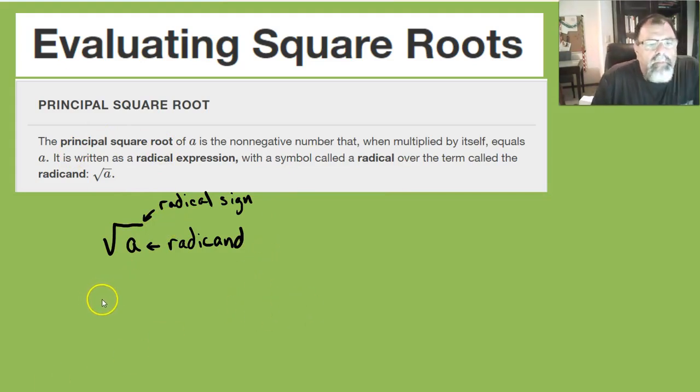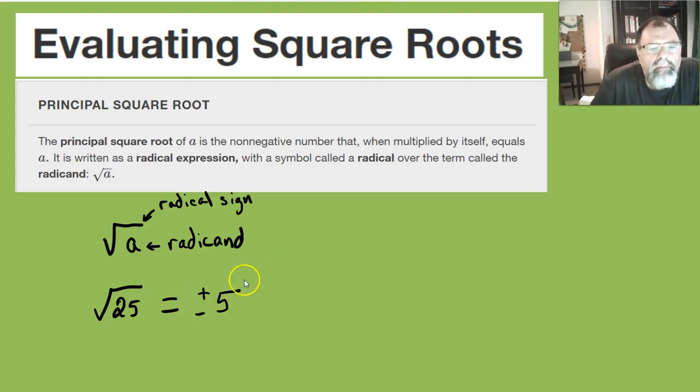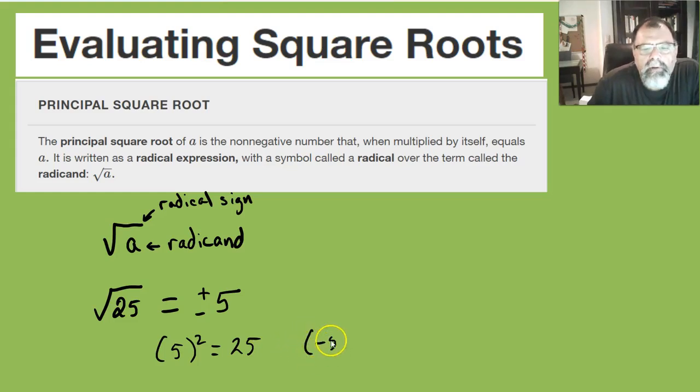A misconception about square roots: I hear a lot of times people say the square root of 25 is plus or minus 5. That is incorrect, because by definition, up here you can see, this is not the square root, it's the principal square root. The principal square root is the non-negative number that if you square it, 5 squared is 25, and negative 5 squared is also 25.